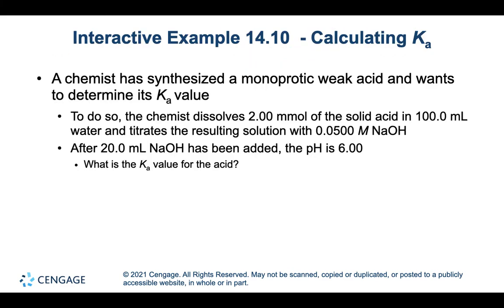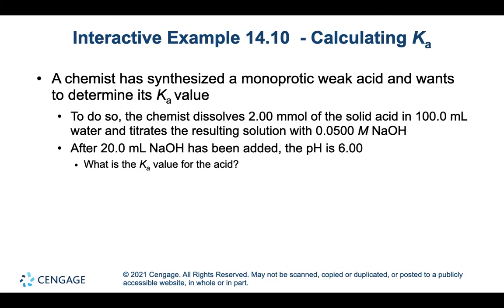So if you've got a weak acid and you want to determine its Ka, one way to do that is to create a mixture where you have half and half of the weak acid and its conjugate base.